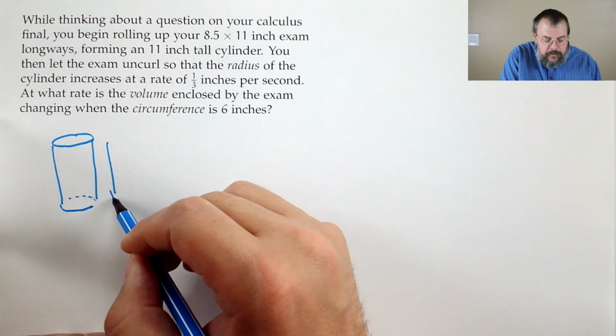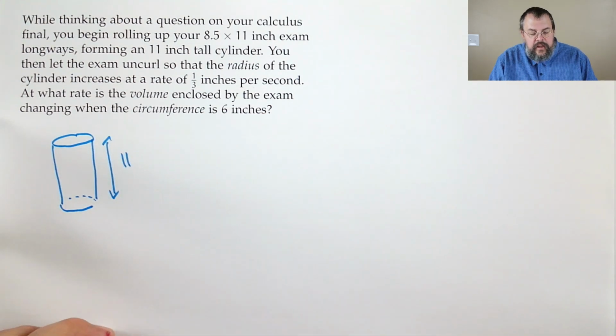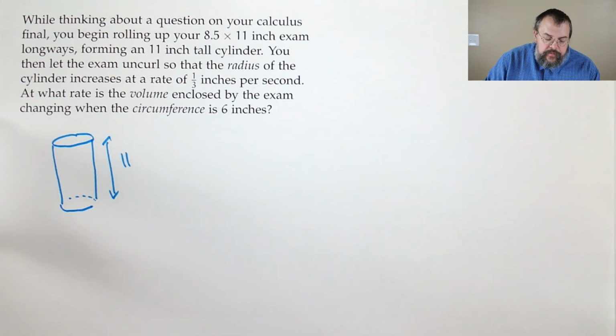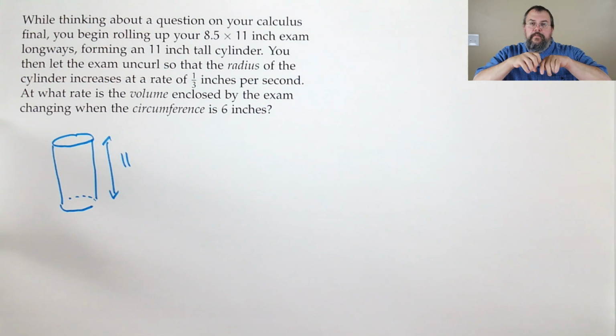It's 11 inches tall. And then you let the exam uncurl so that the radius of the cylinder is increasing at a rate of 1/3 inches per second. So, okay, we roll it up and then it slowly starts expanding again.